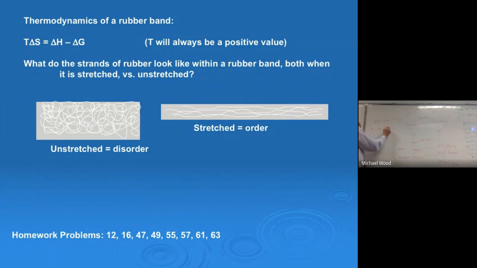So we have a delta G positive, and temperature is really not a factor here. So delta S. If we have a positive delta G and a negative delta H, the question is then, what is the story on entropy? So temperature times delta S is equal to delta H minus delta G. If delta G is positive and delta H is negative, what must that mean about delta S?